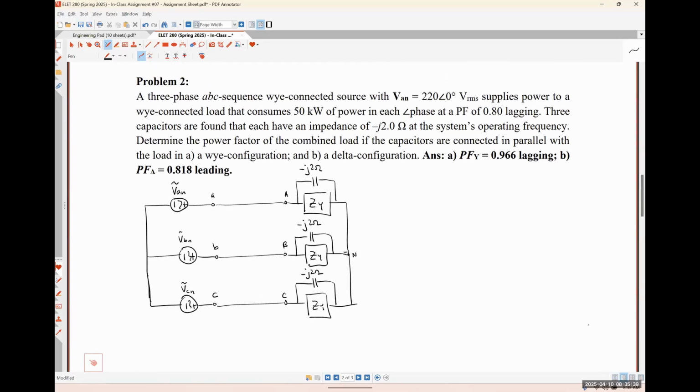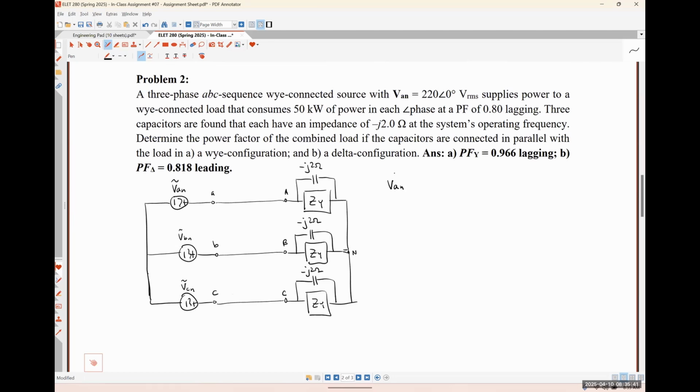Let me just write down our given information here. VAN is 220 angle 0 degrees volts RMS. P three phase is equal to 50 kilowatts. PF is equal to 0.8.